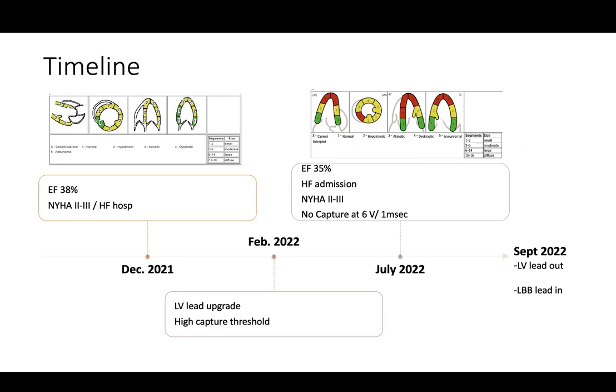Unfortunate part is that the capture threshold on the LV lead that was put in place was basically non-existent. At the time of the placement, from the operator's note, the capture threshold was 3.5 at 1, and then in follow-up in device clinic, it was 6 at 1. There was no capture, not even diaphragm, unfortunately, or fortunately. Next slide.